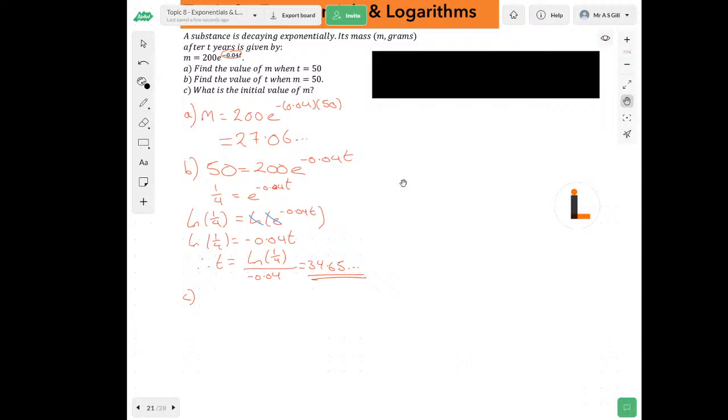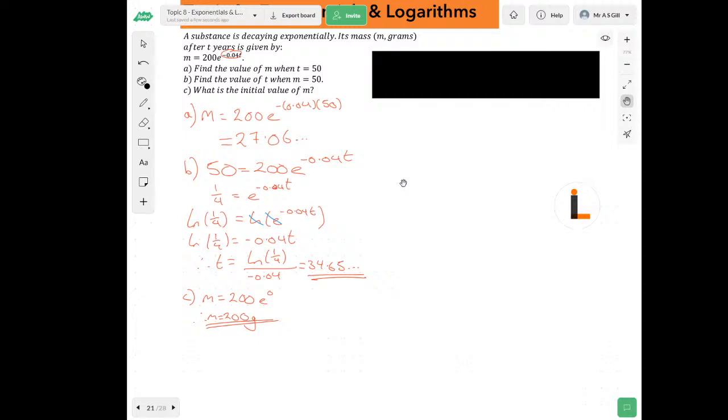So we end up with, let's make it really clear, e to the 0. Therefore, m is just equal to 200 grams. That's our initial value of m, the mass of the substance.